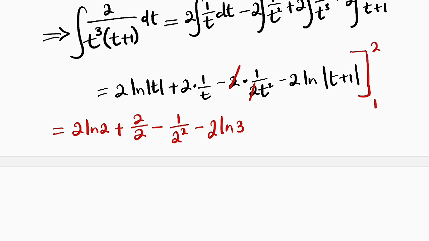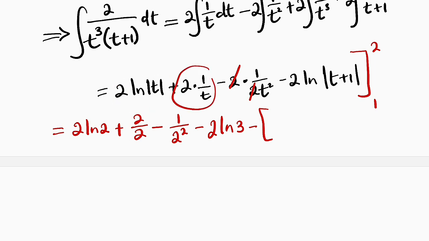Then remember we have to subtract the lower limit, which is 1. Wherever I have t, we are going to replace it with 1. You can see that this is natural log of 1, but log of 1 to any base is 0, times 2 is 0, so the whole of this will be 0 if you substitute 1.